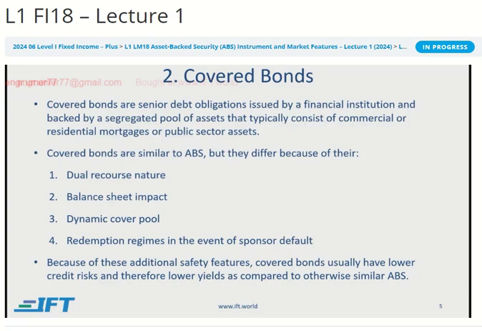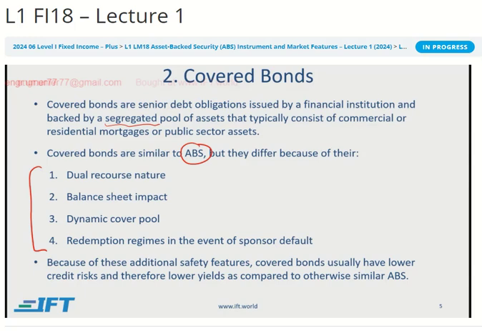So covered bonds are senior debt obligations issued by a financial institution backed by a segregated, ring-fenced pool of assets that typically consist of commercial and residential mortgages or public sector assets. Now, they differ from your typical ABS because of these four reasons: dual recourse nature, balance sheet impact, dynamic cover pool, and redemption regimes in the event of sponsor default.